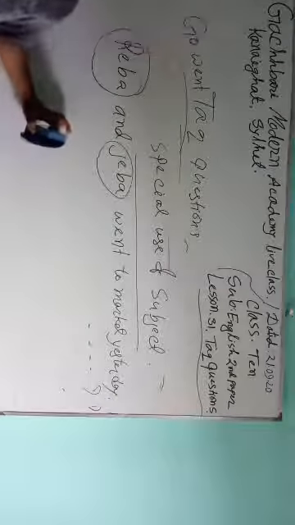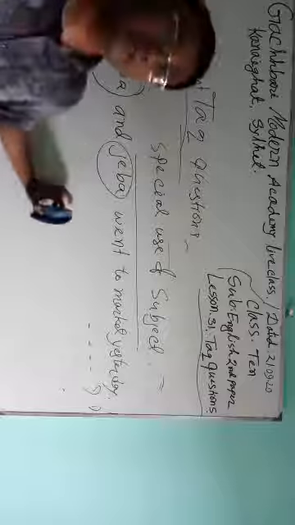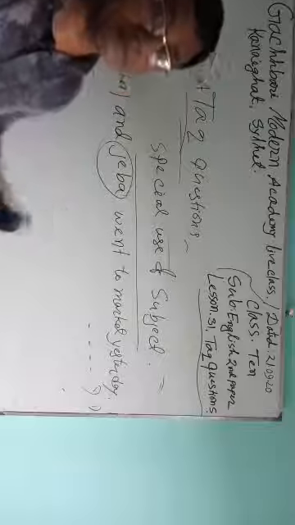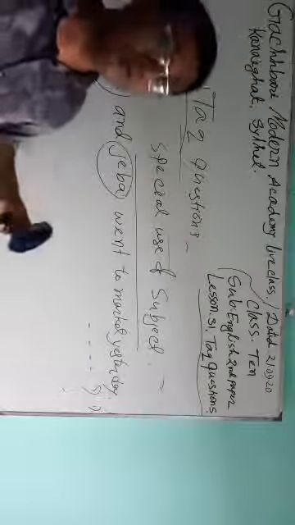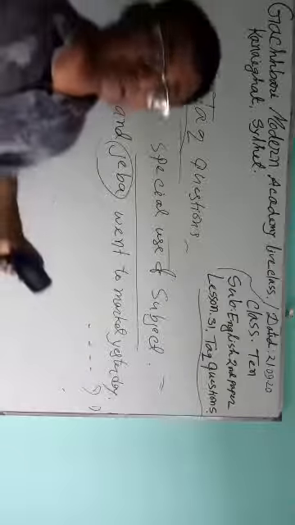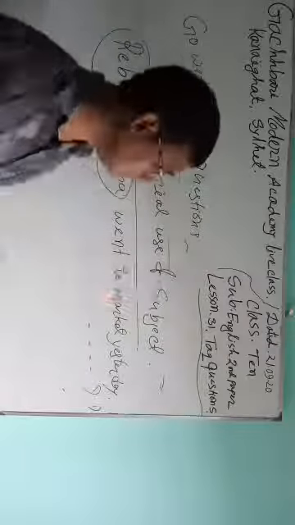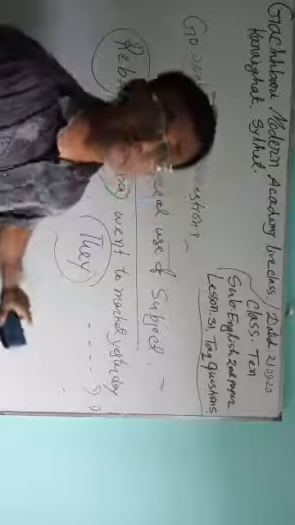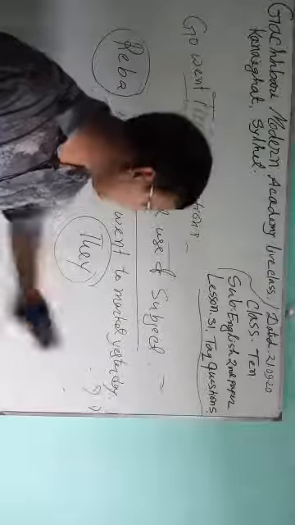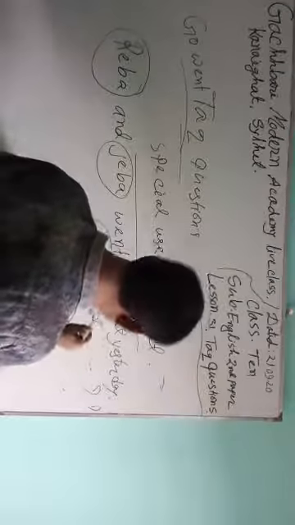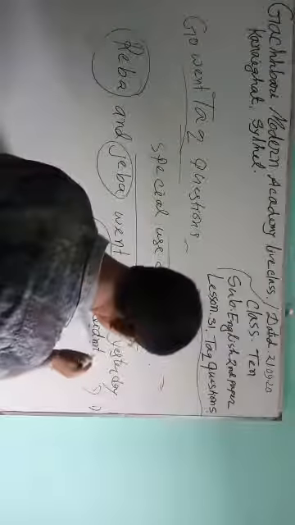Here you find the subject Reva and Jeva, and they are third person. If you find two or more third persons in a sentence, you must use they as the subject of the tag question. So I write the answer: didn't they.